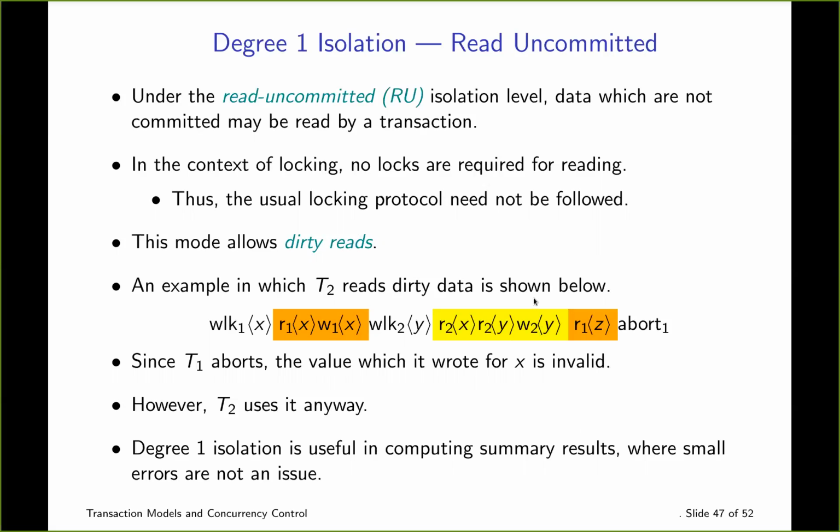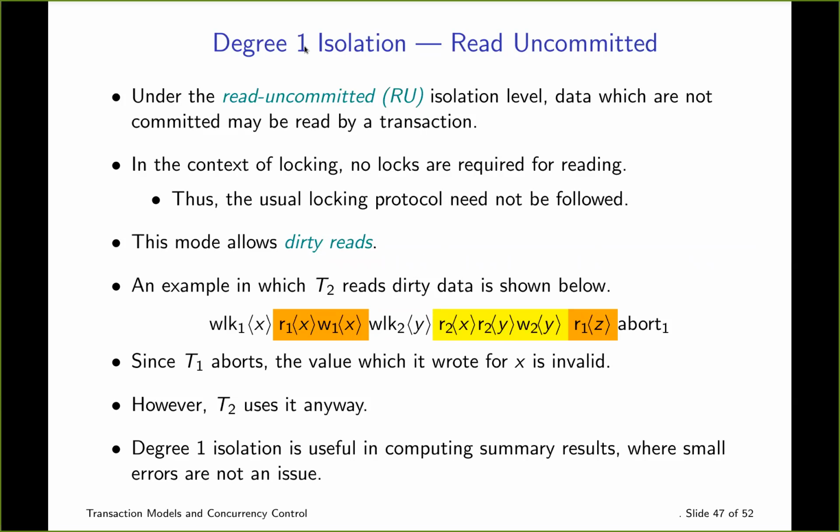Read uncommitted. Are you ever going to want to run something under read uncommitted? Potentially, there might be cases. A nice thing about this very weak isolation level is that it allows you to get better performance, so throughput is much higher.